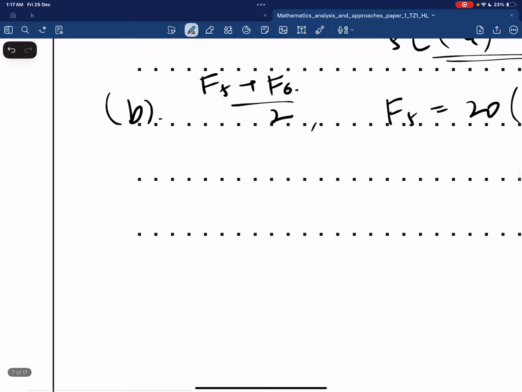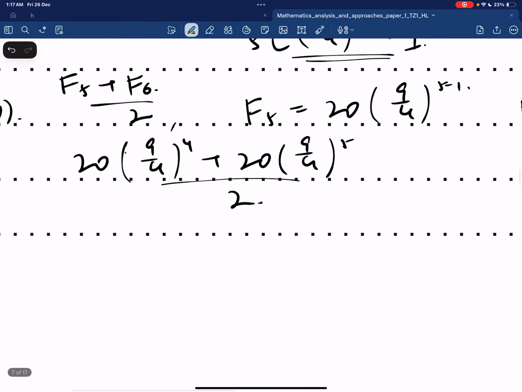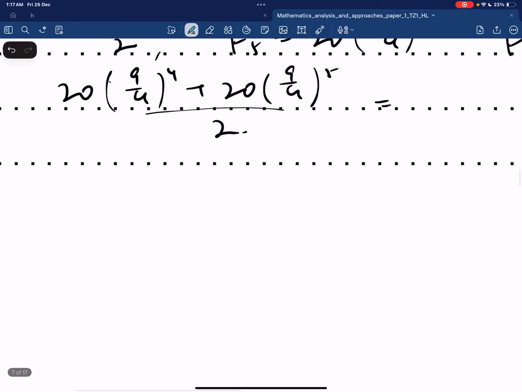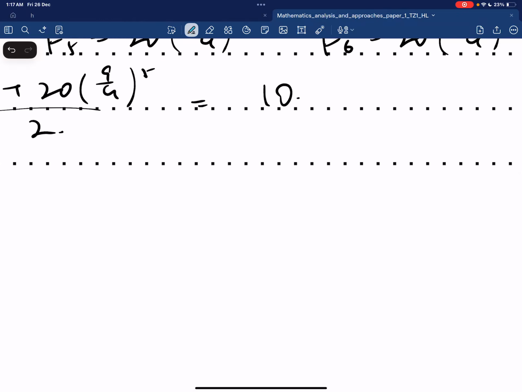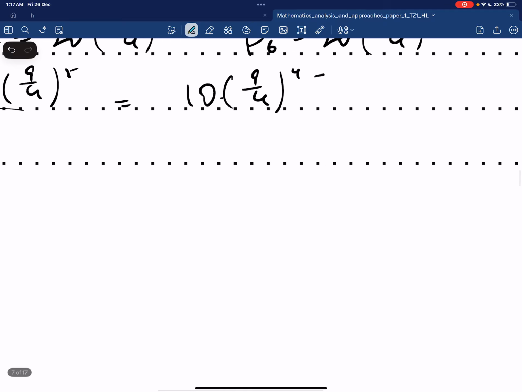All over 2. So it will be 20(9/4)^4 plus 20(9/4)^5, all over 2. 20 over 2 is 10. We can factor out a common (9/4)^4 from both terms, and this would be 9/4 plus 1.